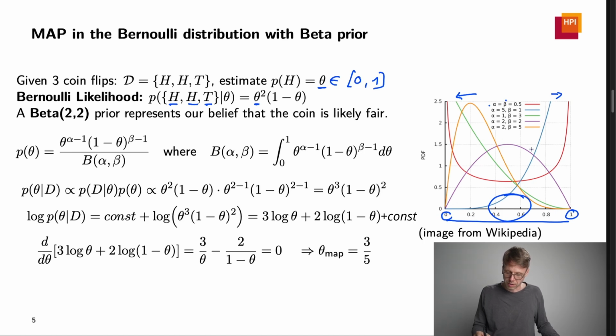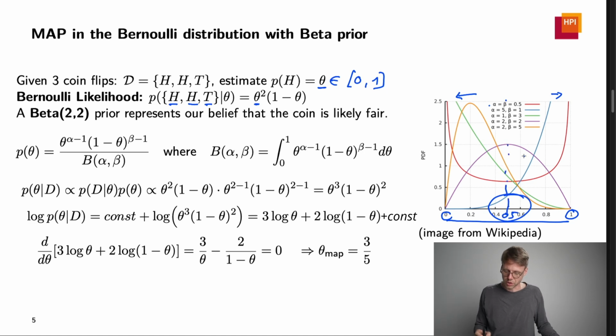So we want to make alpha and beta equal to each other. And of course, we know that many coins are typically relatively fair. So we should put a lot of probability density on values that are close to 0.5, which would be the probability of heads for a fair coin.